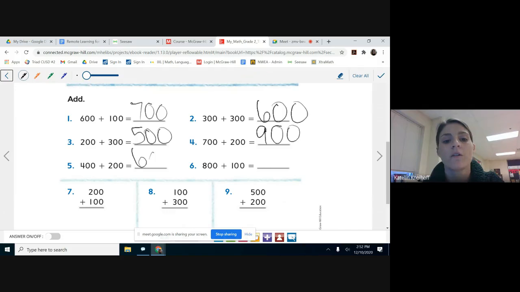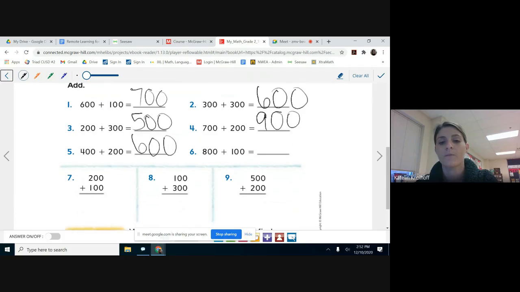We add our 2 zeros, and then we know that 400 plus 200 equals 600. Number 6, 8 plus 1 equals 9. We add our 2 zeros, and we know that 800 plus 100 equals 900.